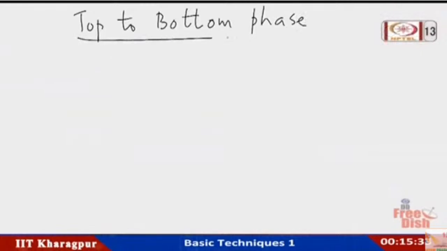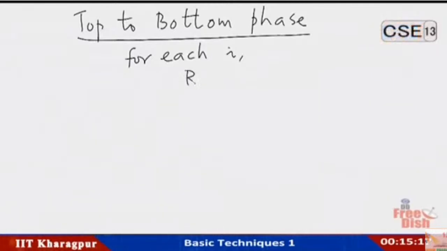Now the second part of the algorithm, which is the top to bottom phase, begins. In the top to bottom phase, for each node i, when it comes alive, what we have to do is this: the value which it received from the top, from the parent, which is, let us say, in its right value. So we assume the right value of a node is the value which it received from the top.